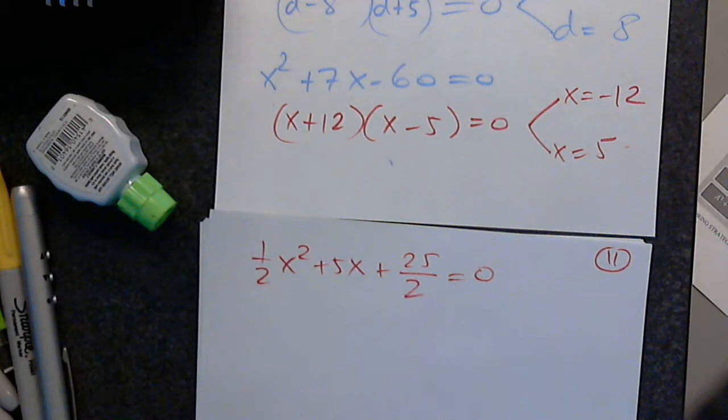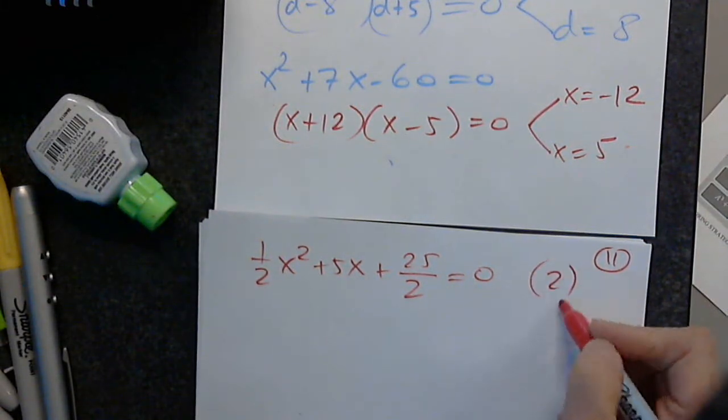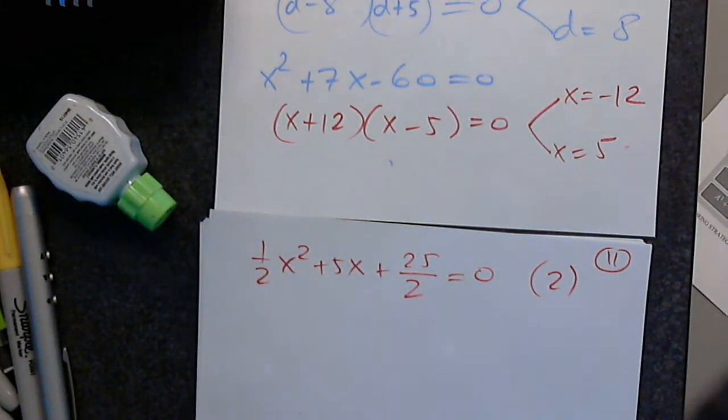What do you think I would do first? Could you make the middle term a fraction as well? I could, but I don't want fractions at all. Multiply everything by 2? Of course. Never be afraid of fractions, especially in an equation, because you can always get rid of them.